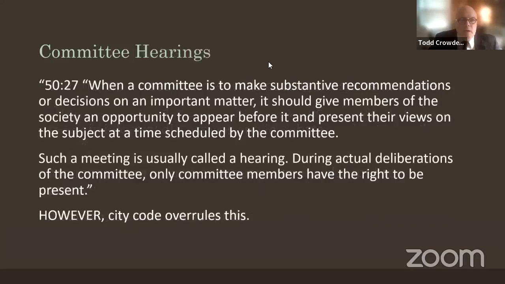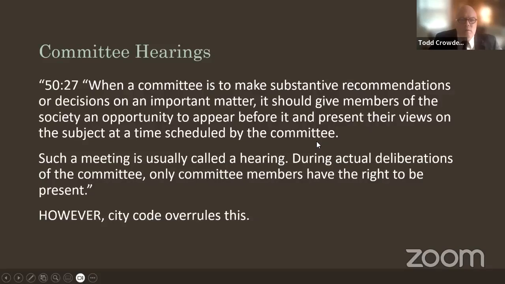Now, there is such a thing as committee hearings, and here's what Robert's has to say about it. When a committee is to make a substantive recommendation or decision on an important matter, it should give members of the society an opportunity to appear before it and present their views on the subject at a time scheduled by the committee.